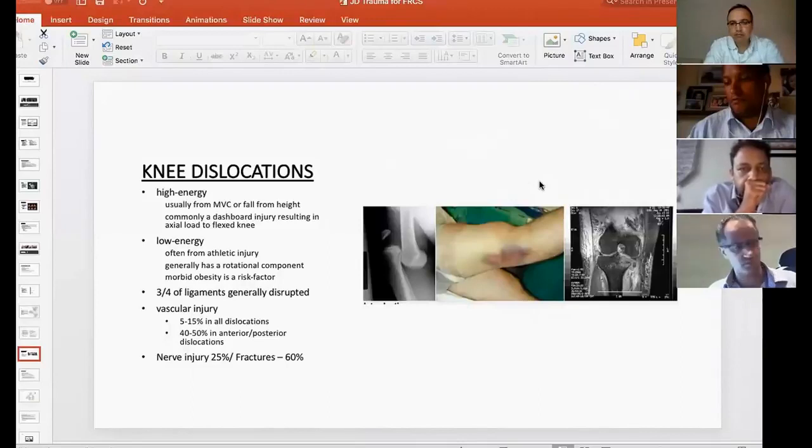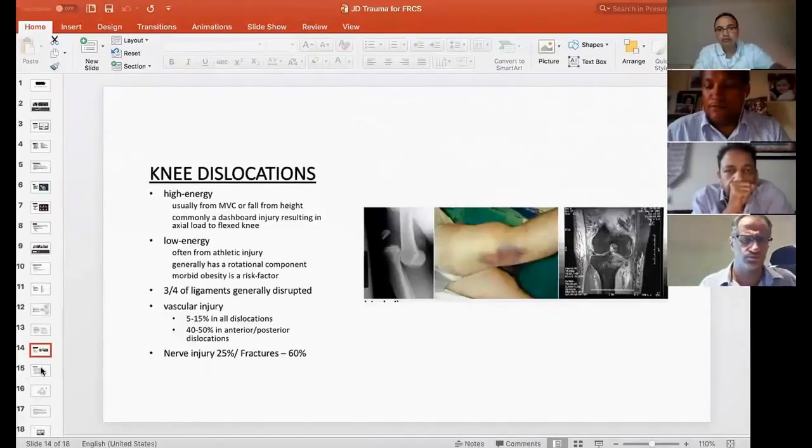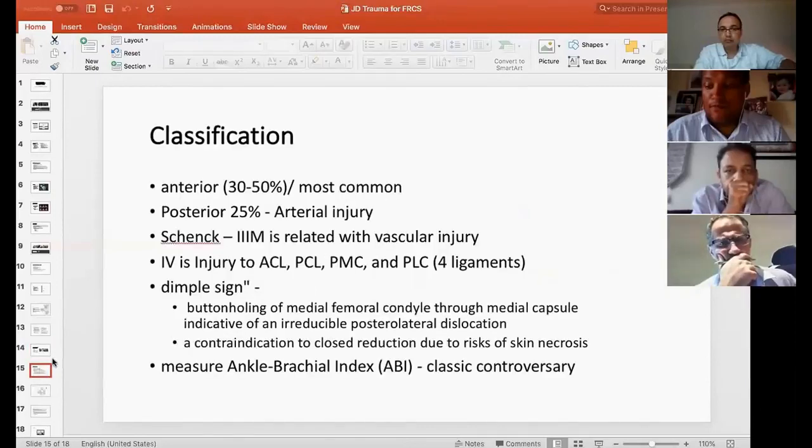If the knee dislocates, it generally means 3 to 4 ligaments are disrupted. Vascular injury in all dislocations is 5 to 15%, and 40 to 50% in posterior dislocations. Nerve injury is around 25%, and fractures are around 60%. Concomitant, it can be either a femoral condyle or tibial condyle fracture.